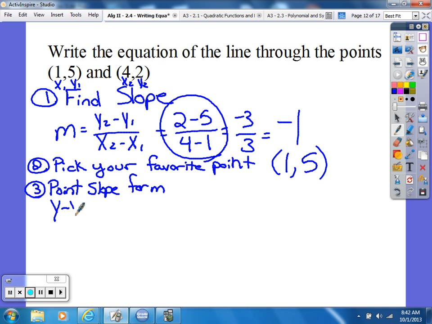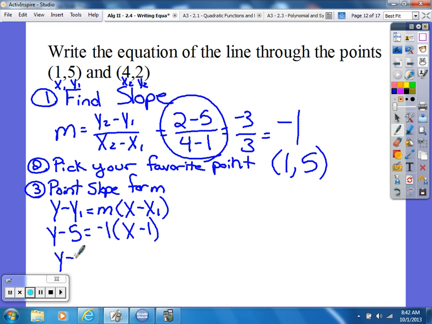Y minus 5 equals negative 1 times x minus 1. Negative x plus 1, add 5. Y equals negative x plus 6. Raise your hand if you got that.